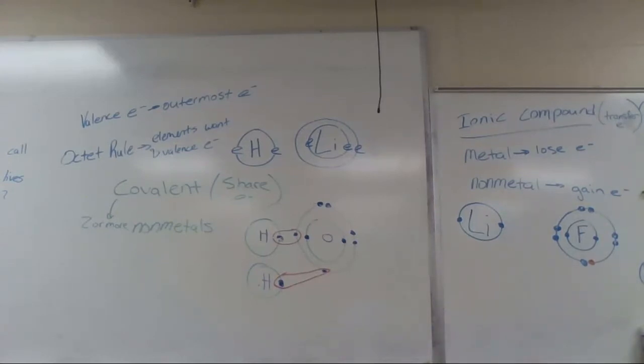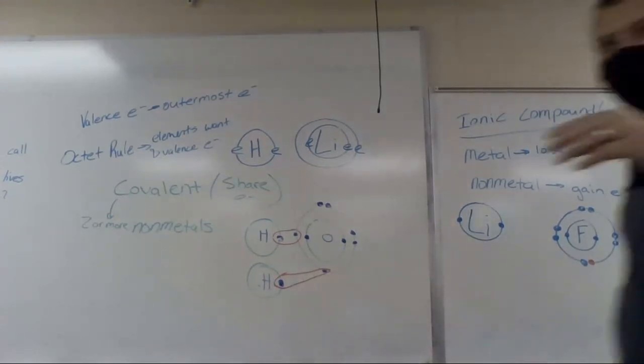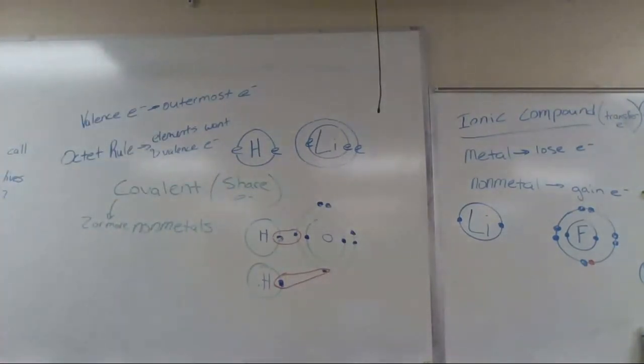You don't know what they are. So you're going to get 2 substances. You're going to do a certain amount of tests to see if it's ionic or covalent.